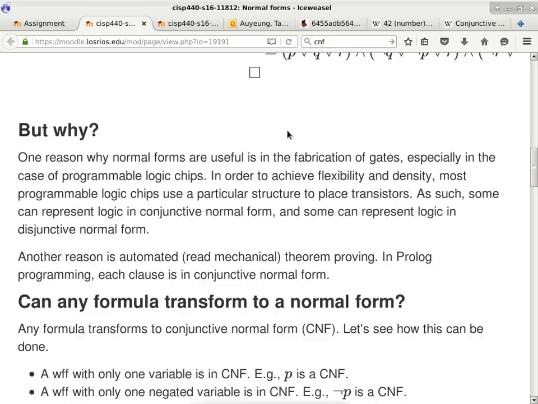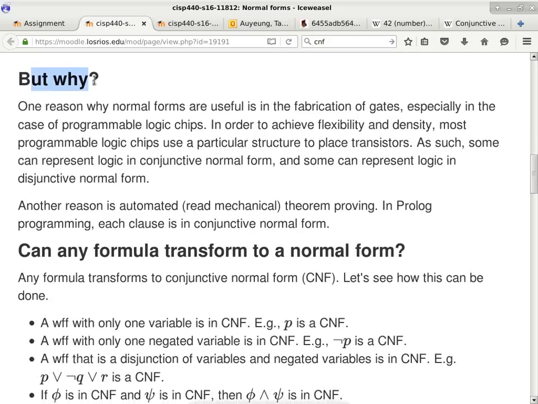Okay, there we go. So the why part basically explains why normal forms are generally useful. If you're in CISP 310, you already know why a particular normal form is useful, because you guys are doing the subtractor in a DNF, not a CNF.